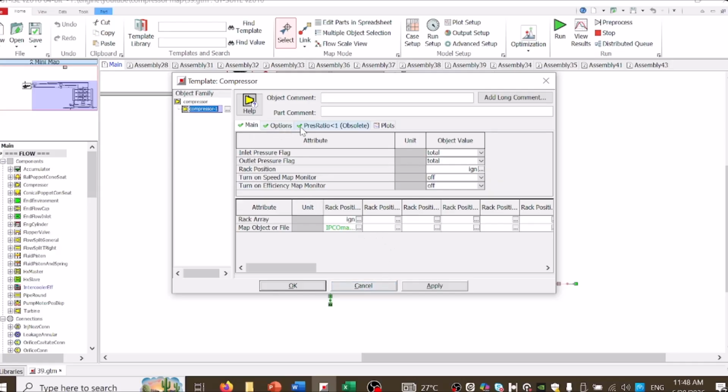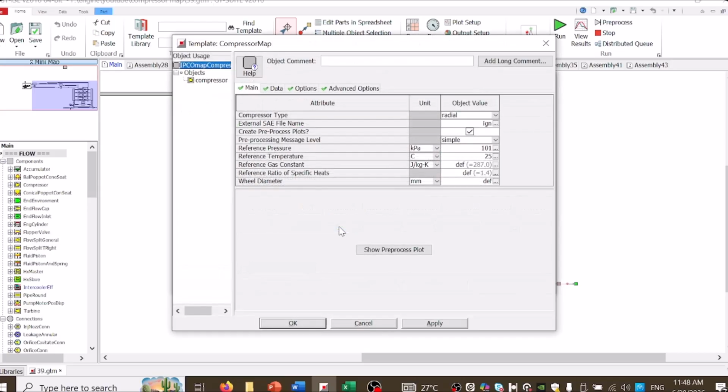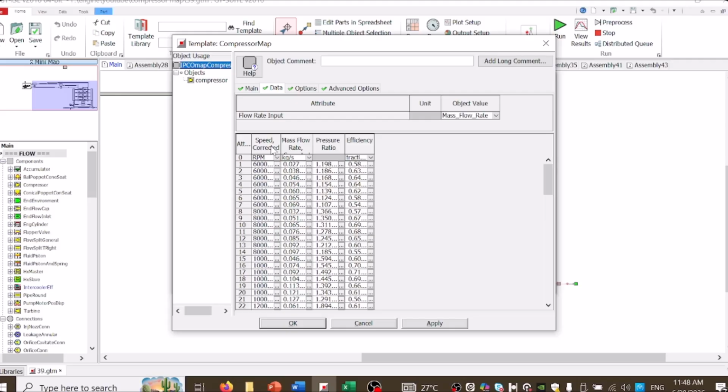Actually, we have main options, pressure ratio, plots, tabs. And here you can click and put your data and compressor map. You can enter your compressor map here, okay?